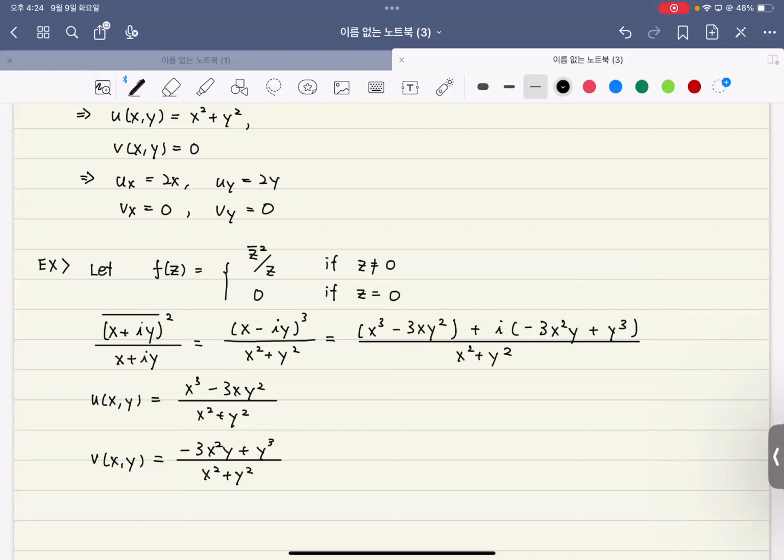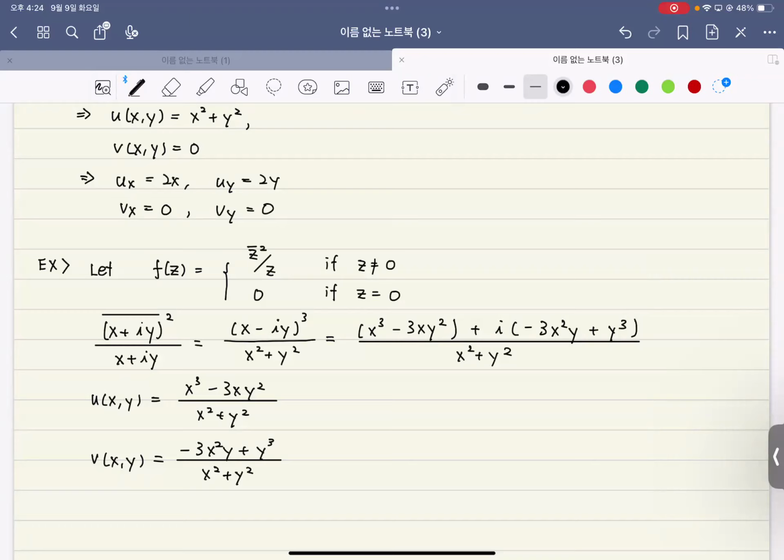Wow, so I have two such ugly fractions. So I'm not going to spend too much time on verifying the Cauchy-Riemann equation. I will leave it as an exercise. Why don't you try to find the first partial derivatives of these two functions and verify yourself that they are satisfying the Cauchy-Riemann condition.